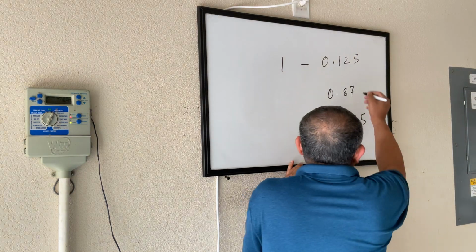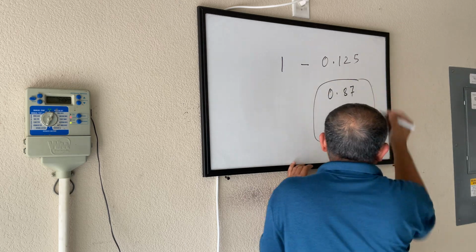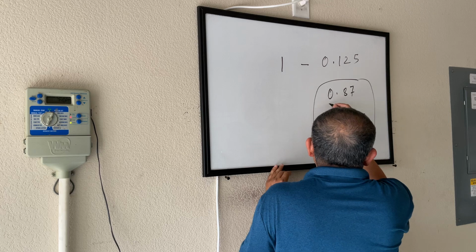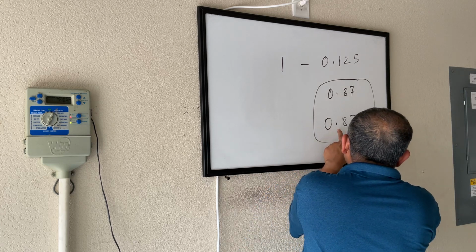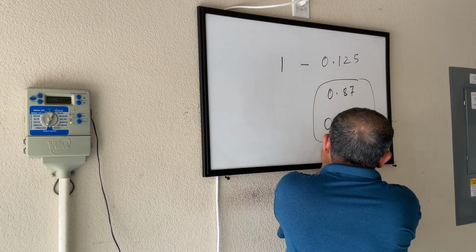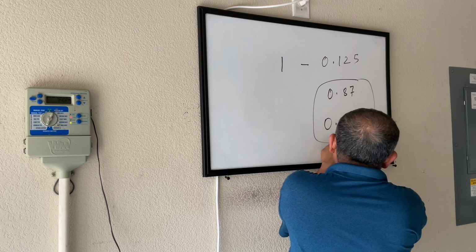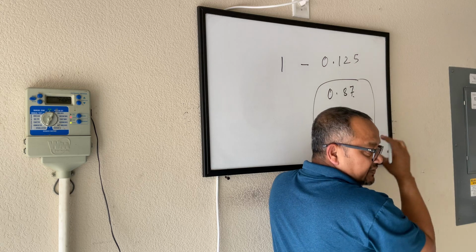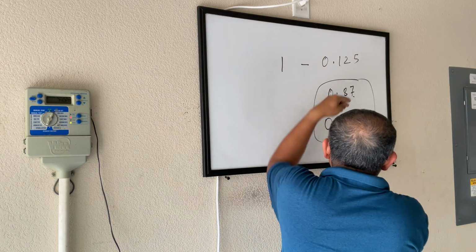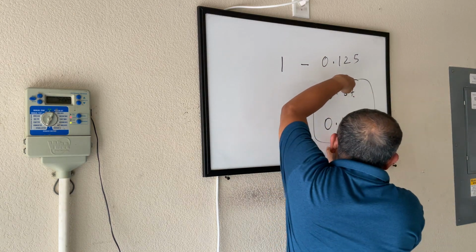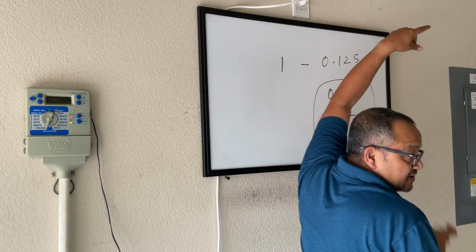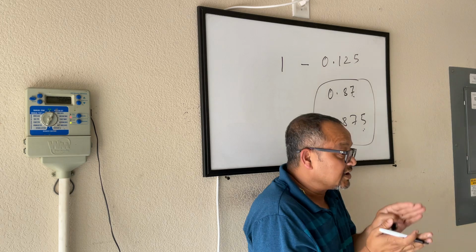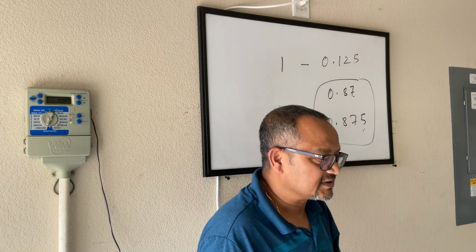Okay, why I was doing that was because when one of you said 0.875, I was saying that we never read that as 875, because 0.875 and 0.87 are very close numbers. There is not much of a difference, okay? But when you read it as 87 versus 875, it looks very different from each other, okay? There is a big gap between them, but there is not enough gap actually, okay? So that's why I was coming to that.